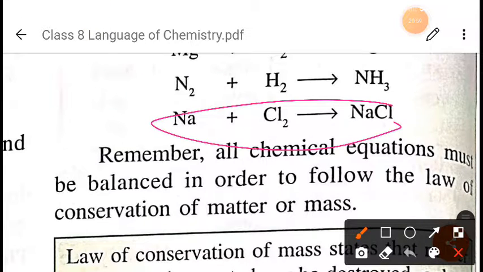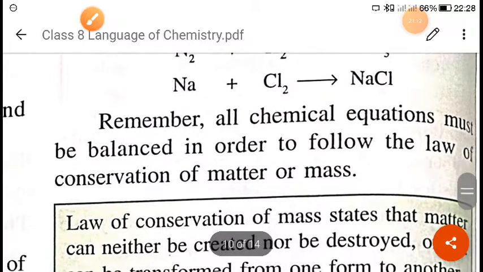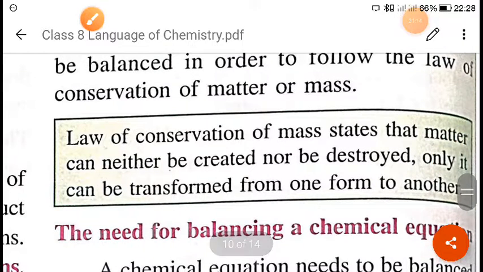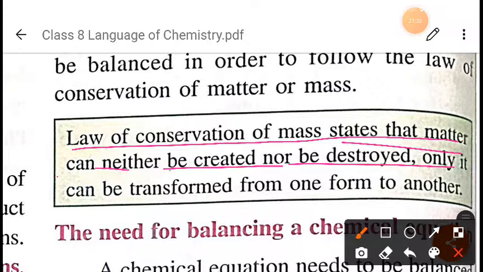We cannot write it like this; we have to balance it. For NaCl we write 2Na plus Cl2 gives 2NaCl, and then it is correct, because according to the law of conservation of mass, matter can neither be created nor destroyed, it can only be transferred from one form to another.